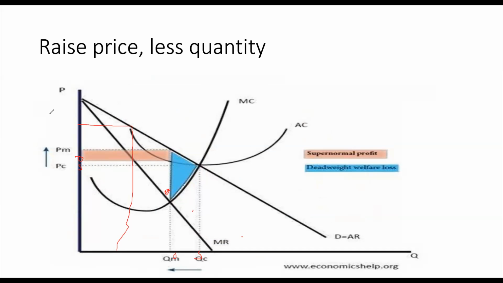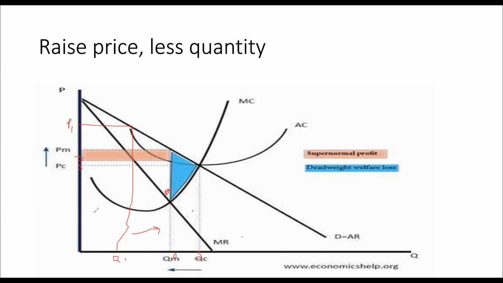So less quantity, price up, total revenue down. Now, say they give you this and they say at P1, Q1, what does this firm have to do to maximize profits? Well, what it has to do is increase production because you're trying to get to the profit maximizer.